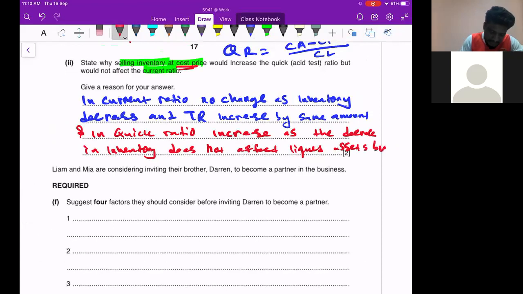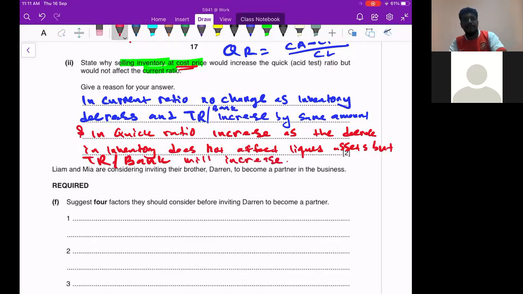But your trade receivable or bank will increase, because we sell on credit or sell on cash, they didn't say which. So it's either bank or trade receivable, either one is the same thing. Trade receivable or bank will be increased.